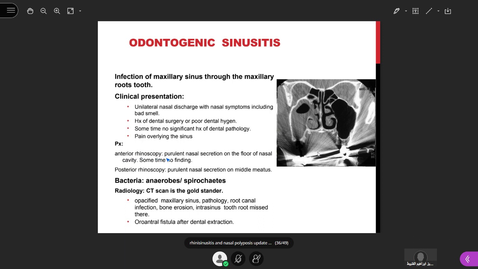For diagnosis, you need to do anterior rhinoscopy to see the mucopurulent discharge, nasal obstruction, nasal discharge, and the status of the ostiomeatal complex. Usually the bacteria are anaerobic and spirochetes. On radiological CT scan we need to see the dental root of the teeth inside the maxillary sinus, or the fistula from the maxillary sinus to the teeth.